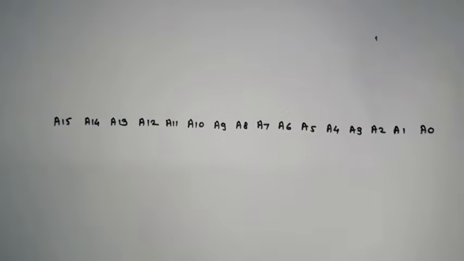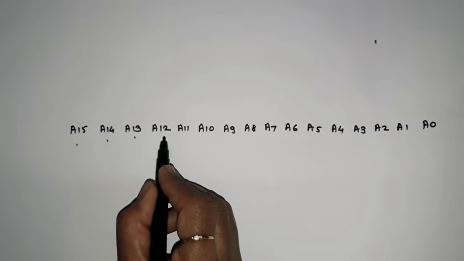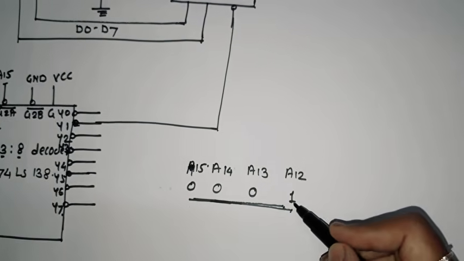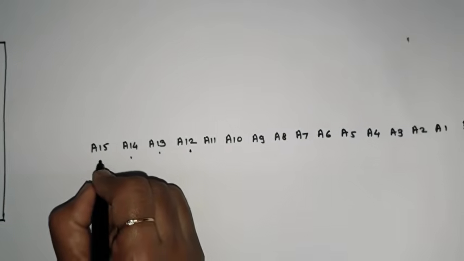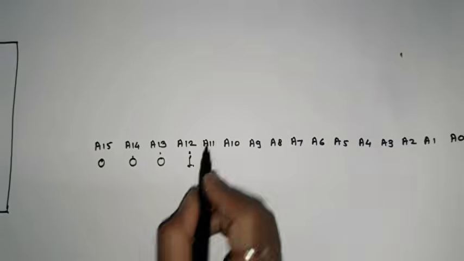As I said, A15, A14, A13 and A12 will not change, because according to this design, these pins should be equal to 0, 0, 0 and 1 only. So I am writing here 0, 0, 0, 1.